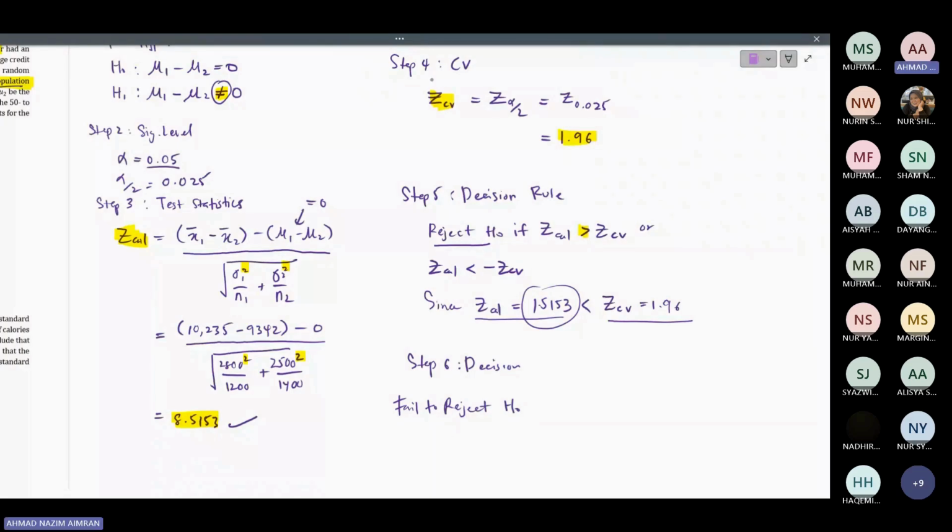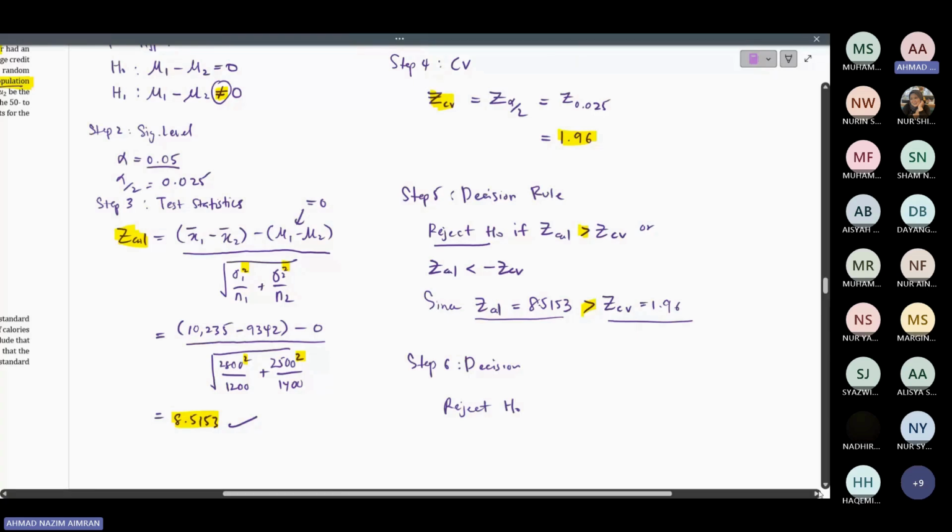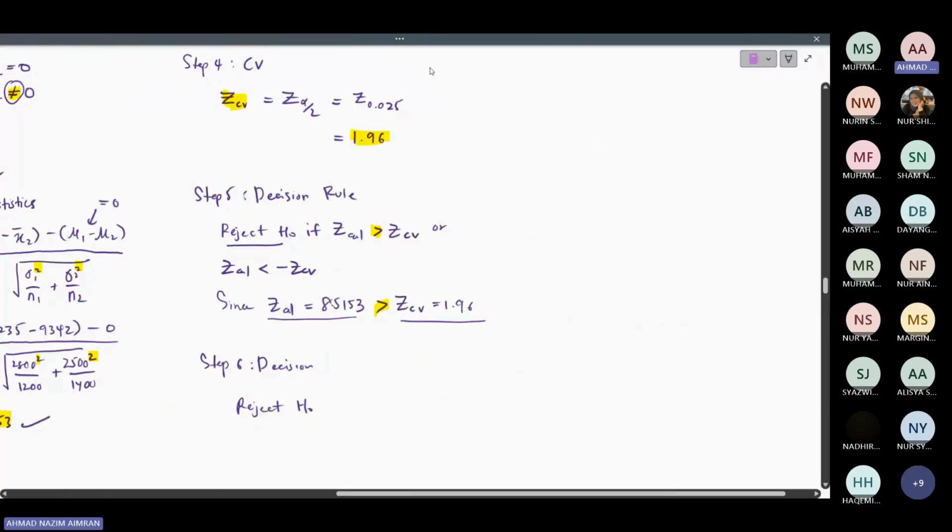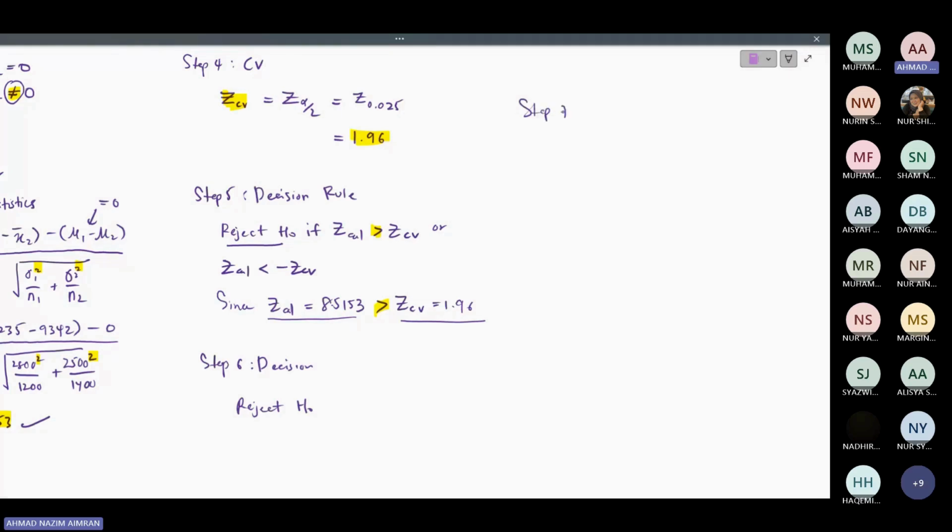But this time we reject H null because our Z calculated, 8.5153, is greater than Z critical value. So the decision is again reject. Step 7, conclusion.